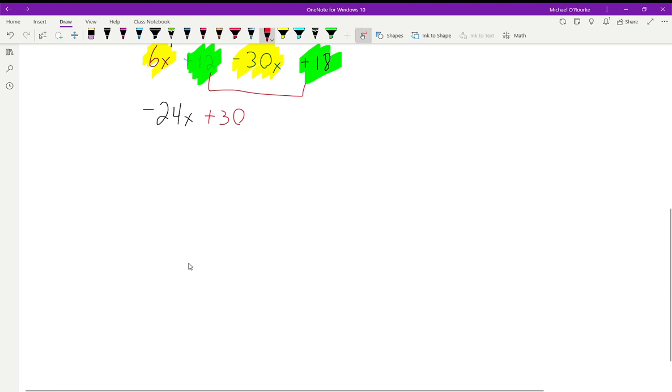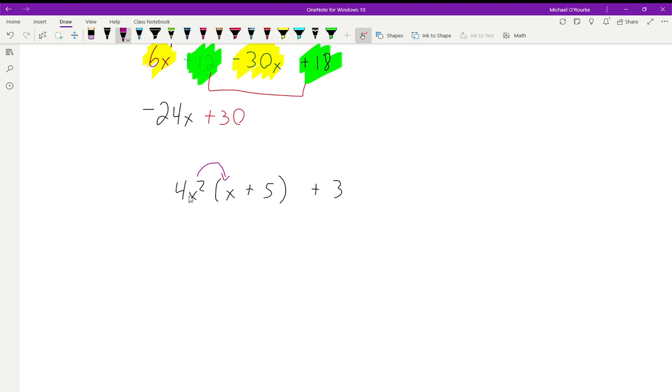One last one I'll show you is if we have something like this. Let's go 4x squared times x plus 5, plus 3. We only distribute into the bracket. So this is only going to be distributed here. The plus 3 is just going to hang out right now.